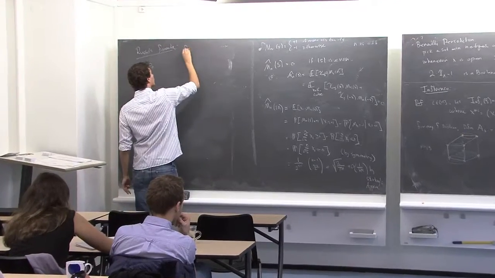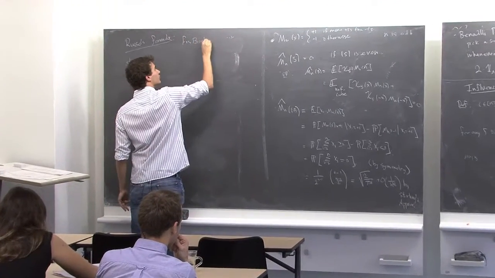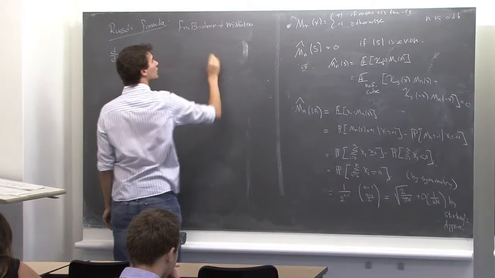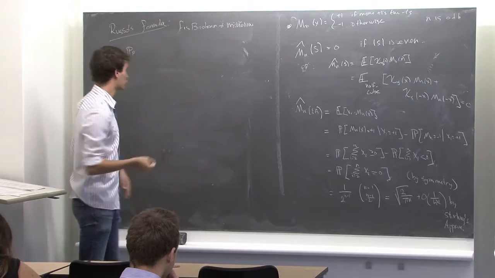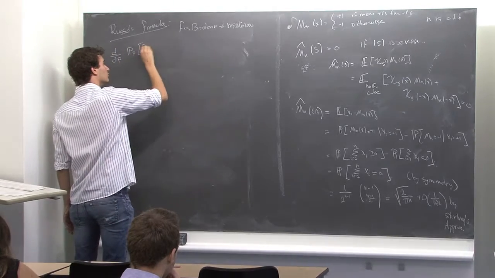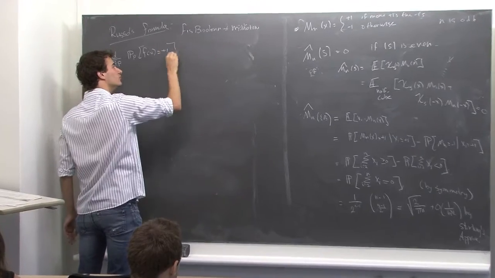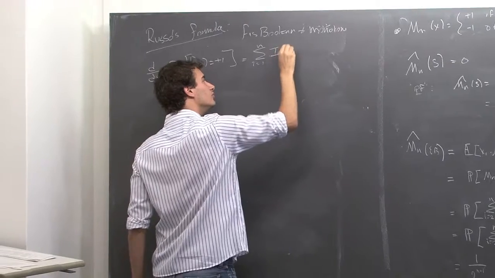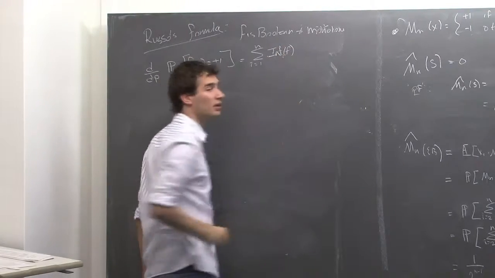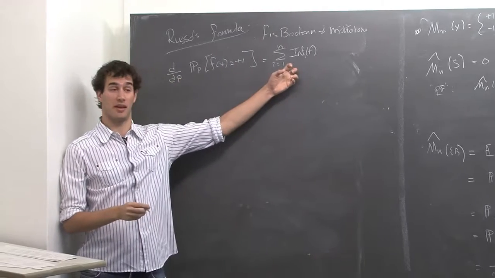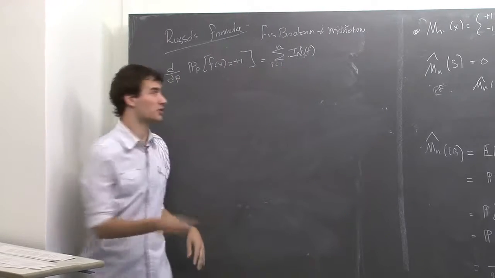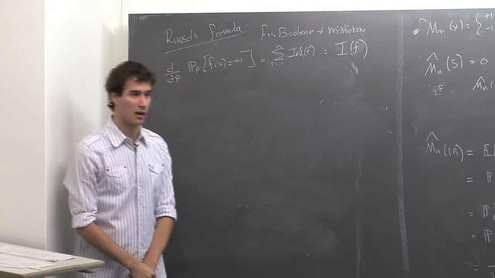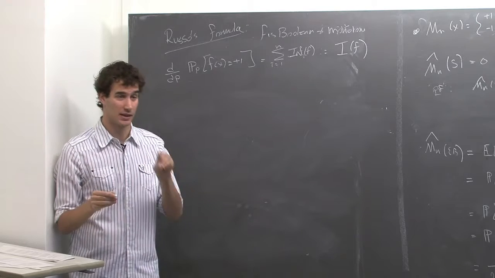So if I take f to be a Boolean and monotone function, the derivative in p is just equal to the sum of the influences, which I'm going to call capital I of f for total influence. The proof of this fact is exactly the same as in percolation.